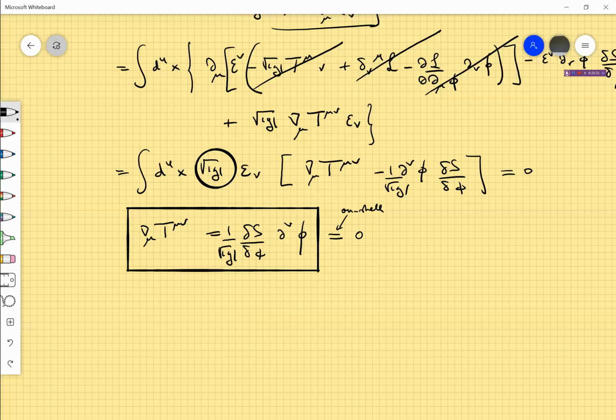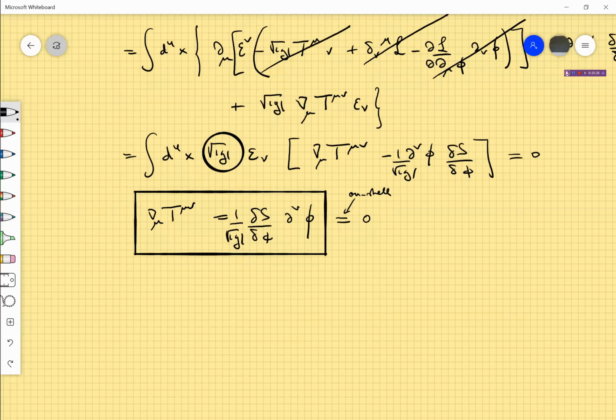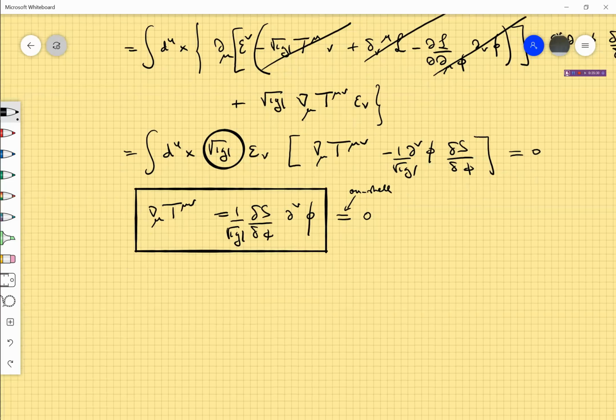So we set the metric to Minkowski, and this will be a standard conservation law. It is a property that you have to take into account, an identity that follows directly from demanding invariance of the action under general coordinate transformations. Okay.